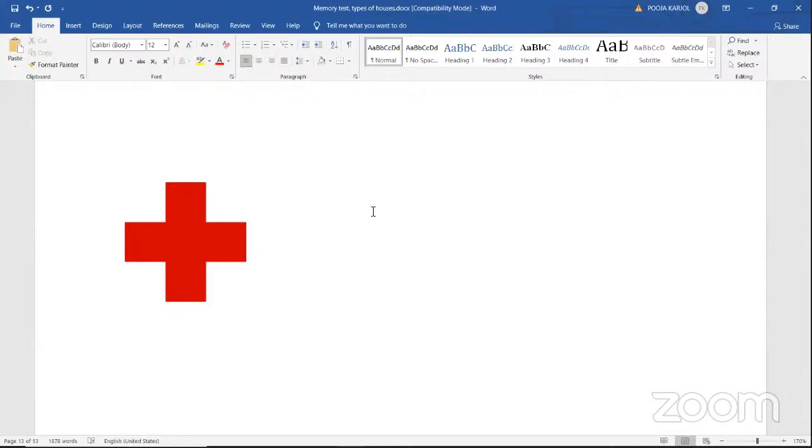Okay. It's a company, not a company exactly. You can call it a humanitarian involvement. It's called Red Cross. I think you might have heard of it.